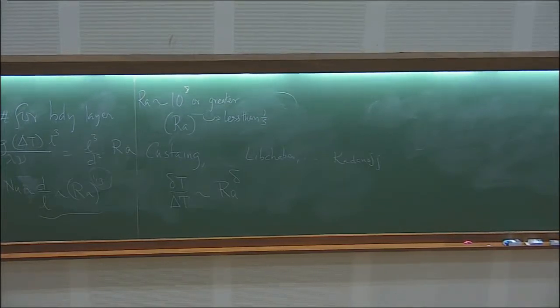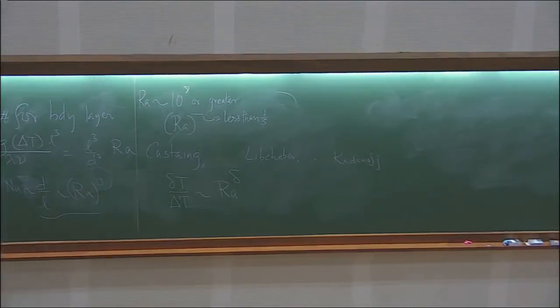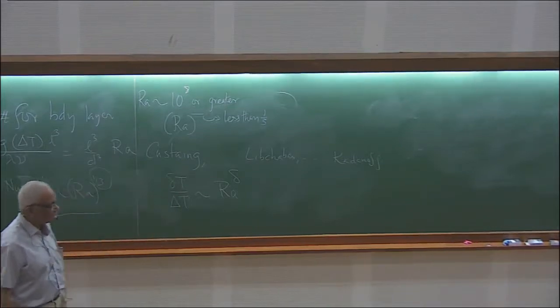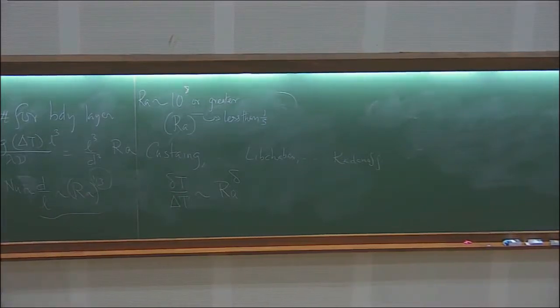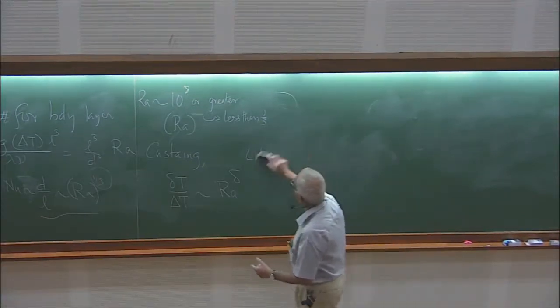That would be what Libchaber and company saw, that the relative fluctuations around the central value diminished as you increased the Rayleigh number. So this delta should work out to be negative. All right, very good.